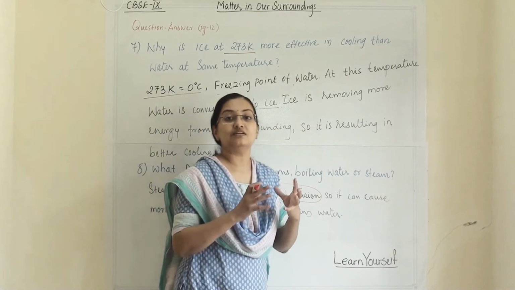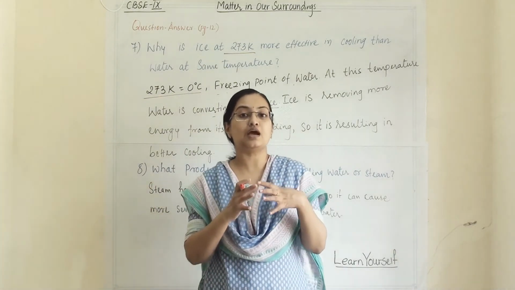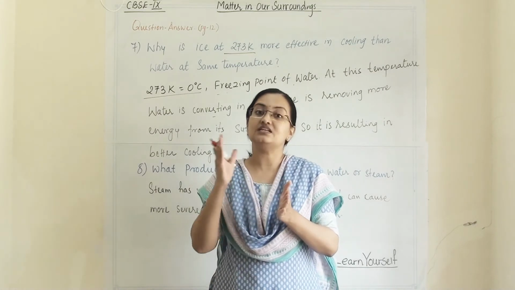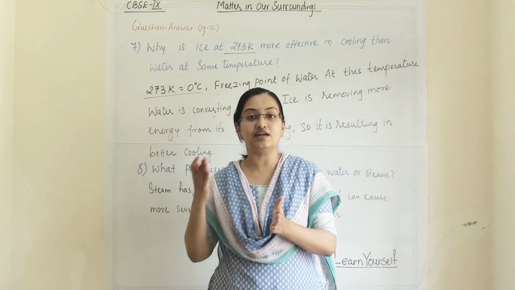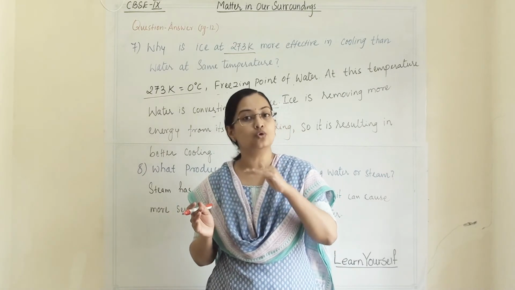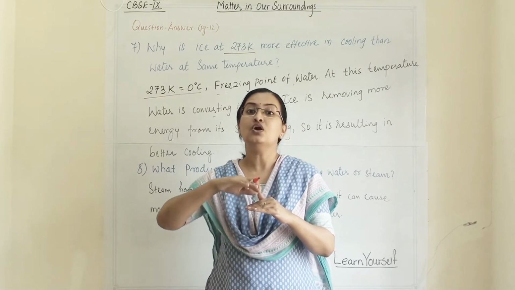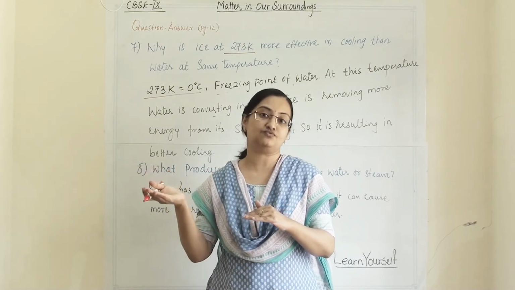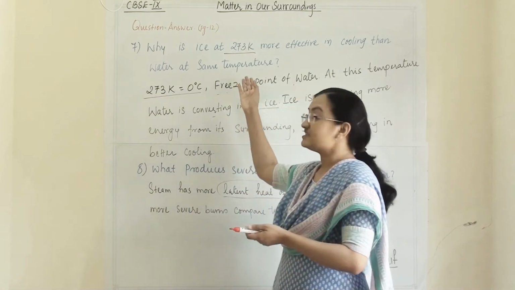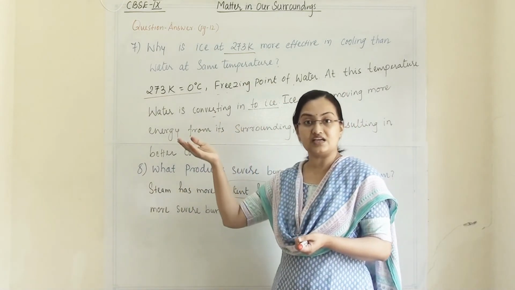Whenever at a certain temperature we have to compare two states, whichever is in the transition phase has always a lower temperature compared to what has already been transferred. What has already been transferred, like ice, will give a more cooling effect.